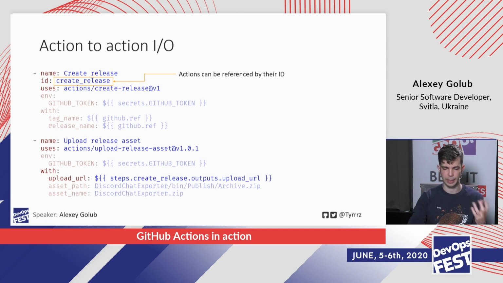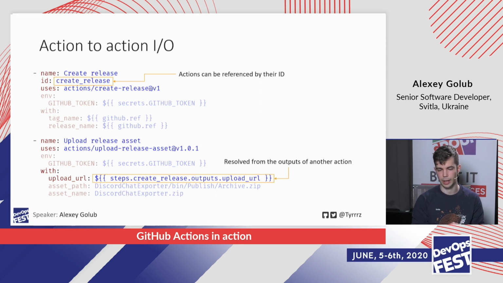And then once I have an ID, I can actually reference that step uniquely in my other step and use, again, the expression syntax to say that from the steps create release, get the outputs, which is the upload URL. It just so happens that this previous action has many outputs, and one of them is the upload URL, which you would use for the uploading assets.